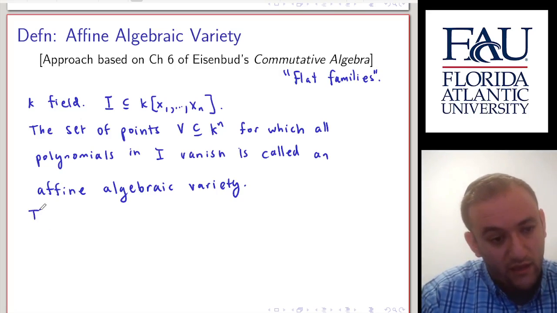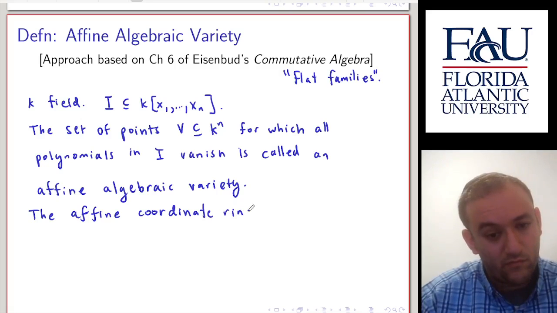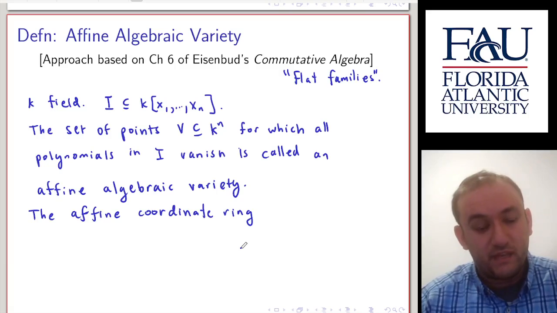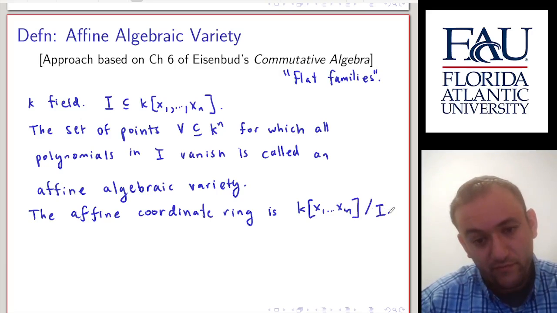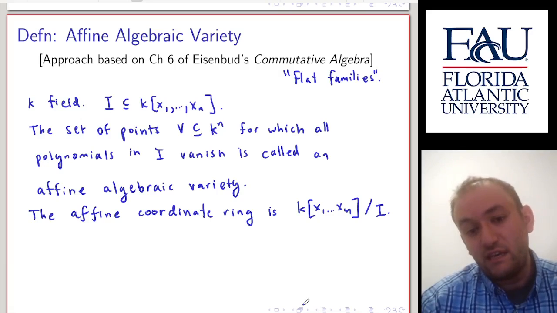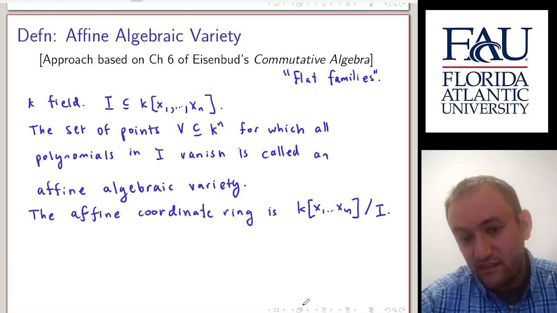The affine coordinate ring can be thought of as the set of polynomial functions in terms of their values on the set V. This is the polynomial ring modulo the ideal I. Since all of the polynomial functions in I vanish on V, if I'm only interested in the values of my polynomial functions on V, then adding or subtracting anything in I doesn't affect the values of the polynomial functions there.